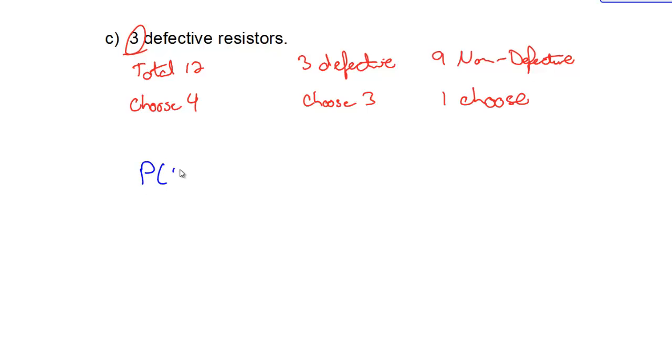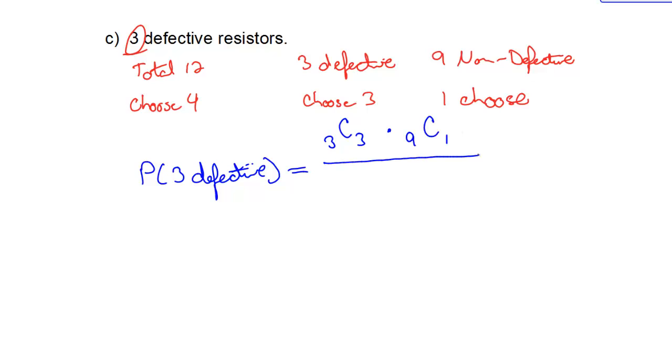So the probability that 3 are defective is equal to, for my defectives, I have 3 to choose from, and I'm going to choose 3 of them, times my non-defectives. I have 9, and I'm going to choose 1. Then my totals. I have 12, and I'm going to choose 4. 3, choosing 3.